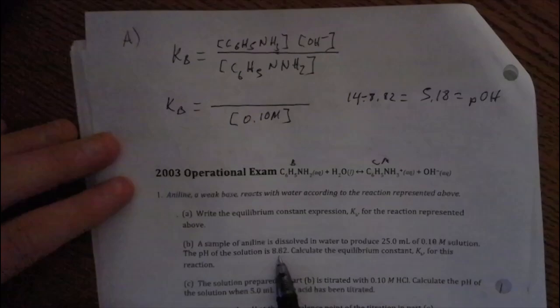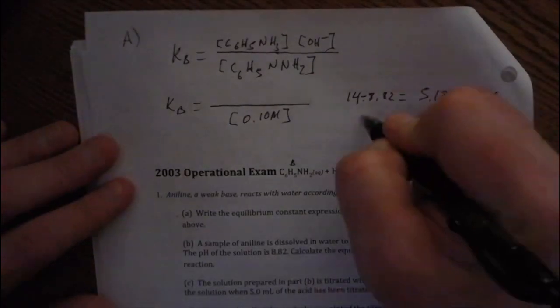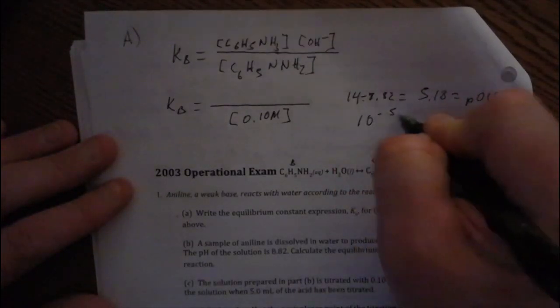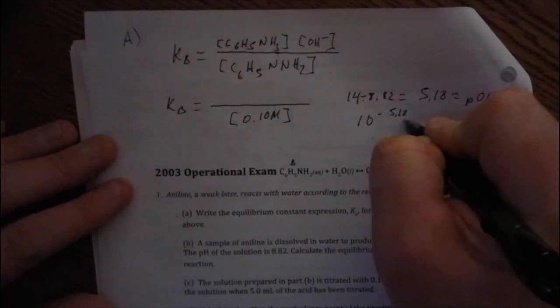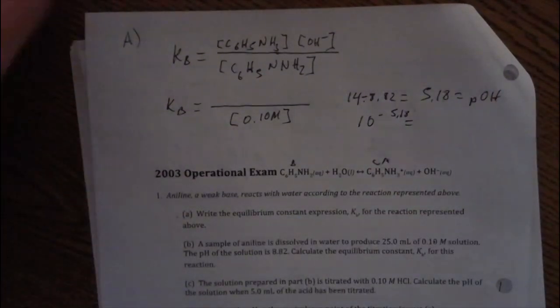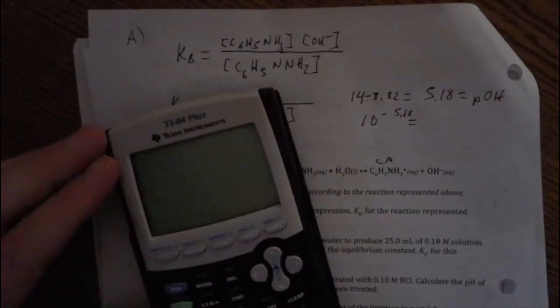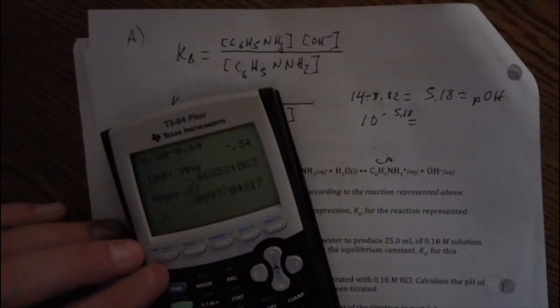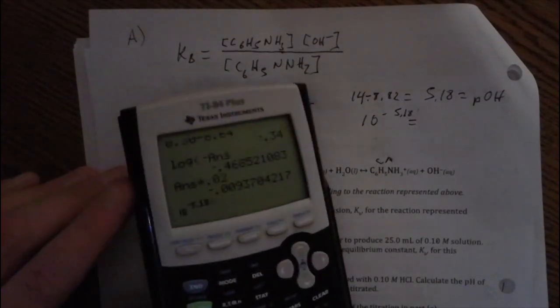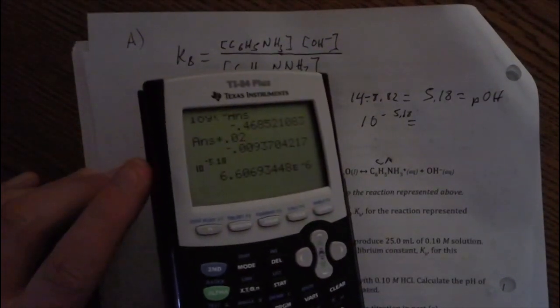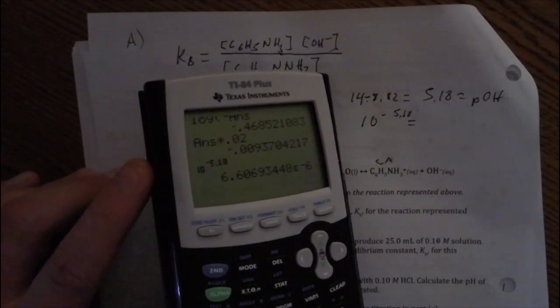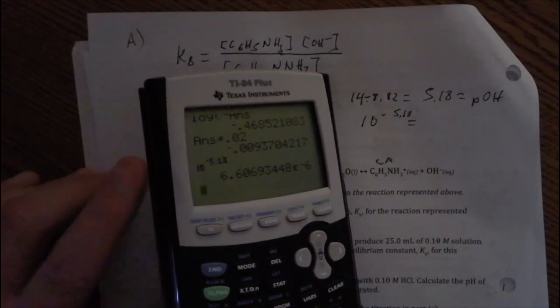And then what do we need to do to get the hydroxide ion concentration? 10 to the negative, 6.607 times 10 to the negative 6th.